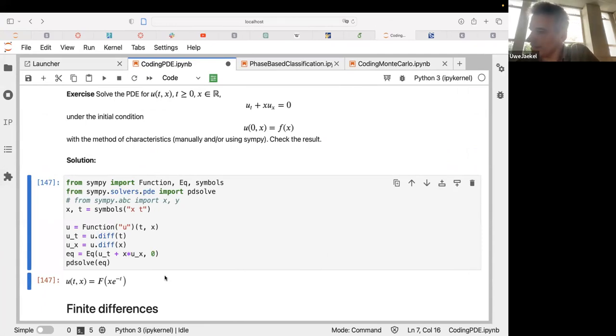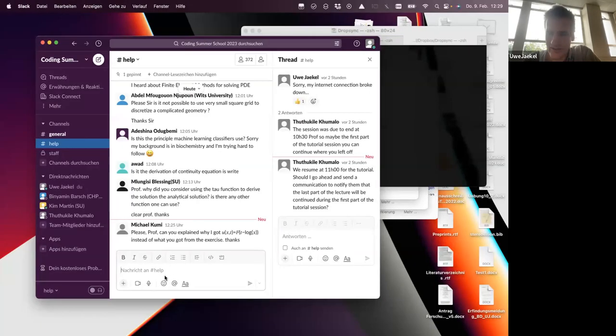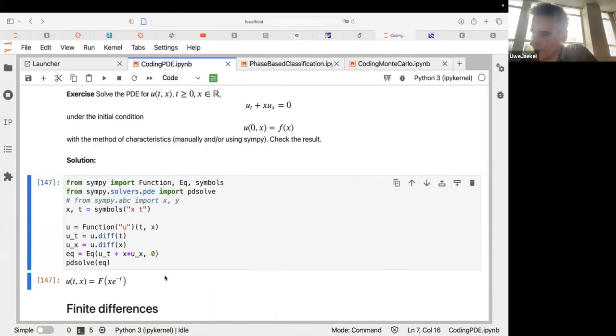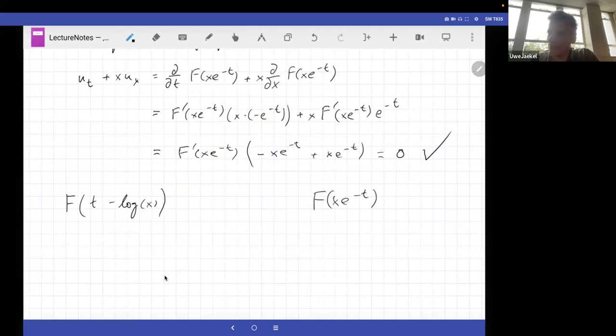Michael had this solution, f of t minus logarithm of x, and I had this solution, f of x to the minus t. So how do we come from here to here? This looks strange, doesn't it?